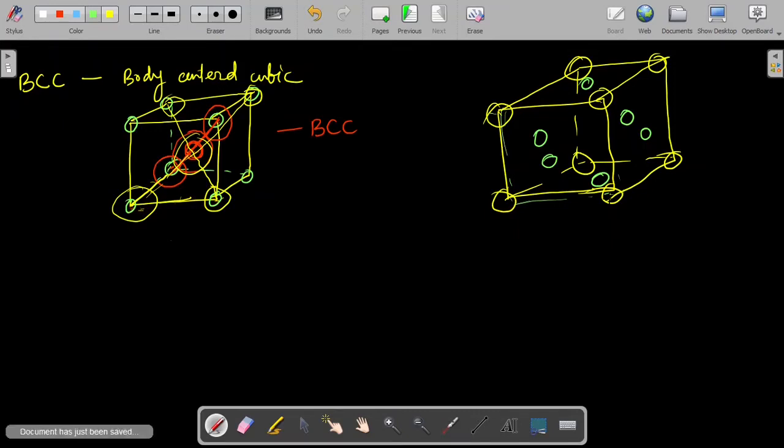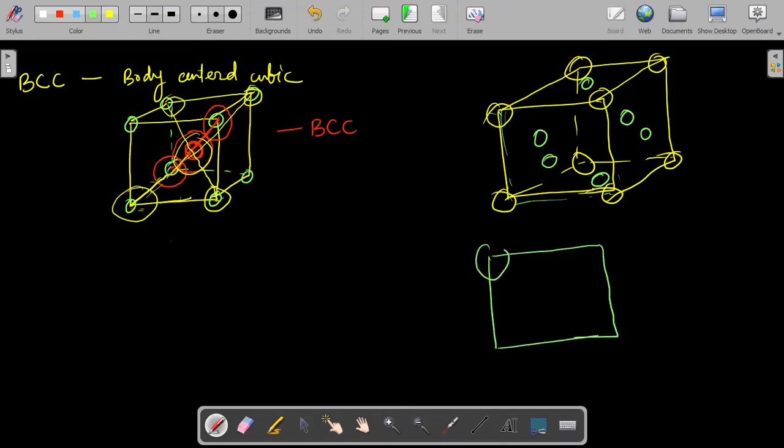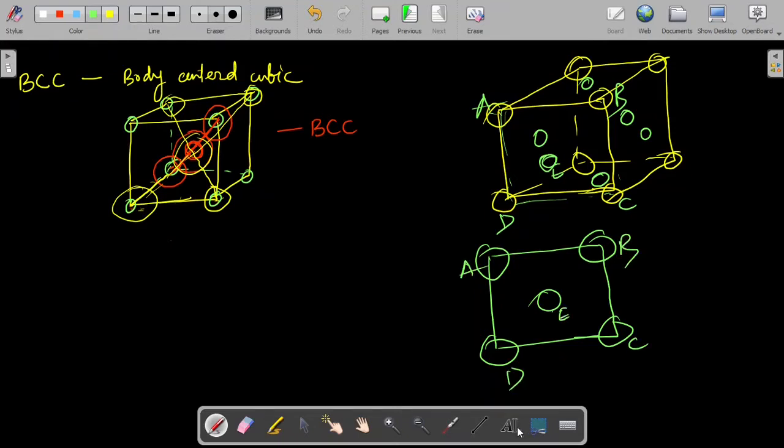So I'm drawing this face separately here. This is this face. Let's say A, B, C, D. And this center atom is E. So A, B, C, D, and this is E. So this is not the actual configuration.